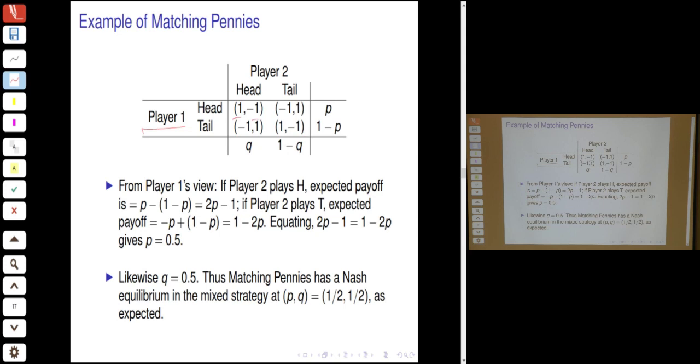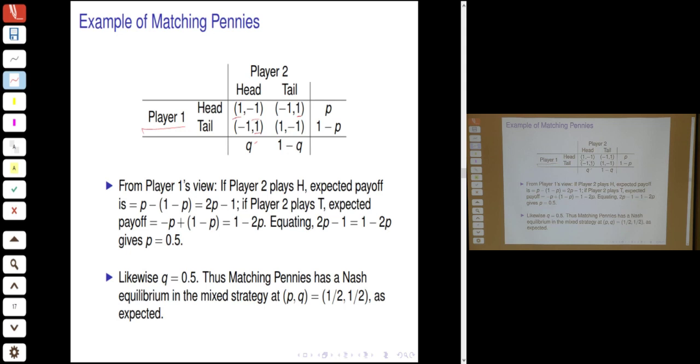But if the outcomes of the two coins are different, then player 1 loses 1 and player 2 gains 1. Right? So if the pennies match, then player 1 wins. If the pennies mismatch, then player 2 wins.